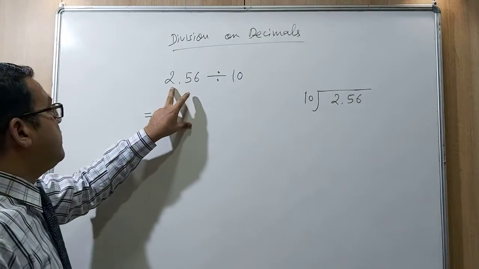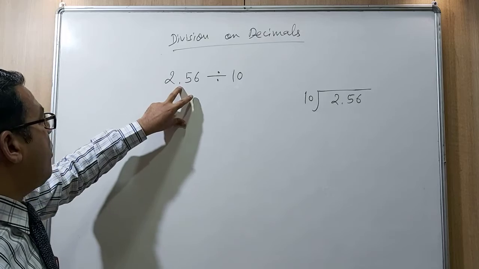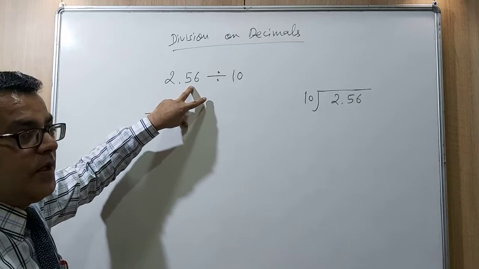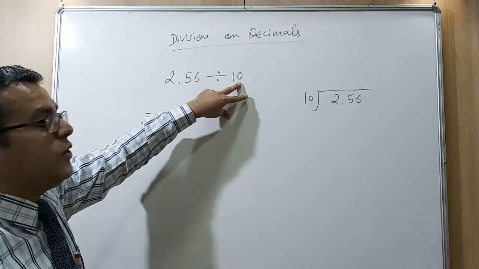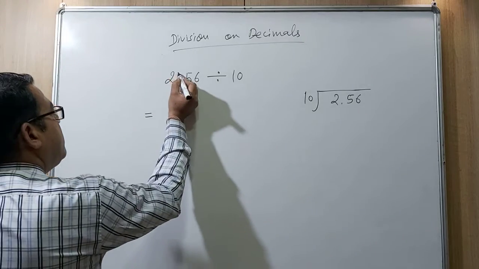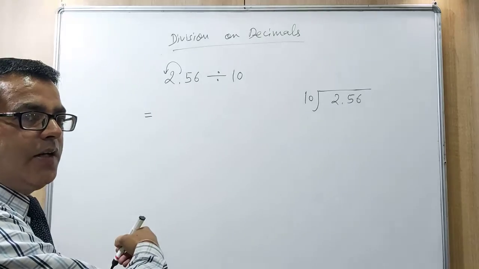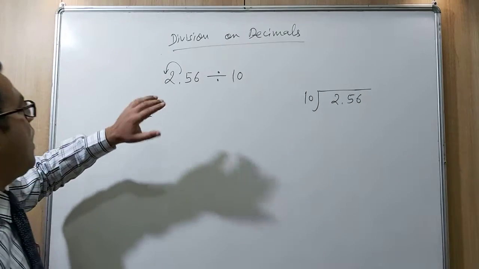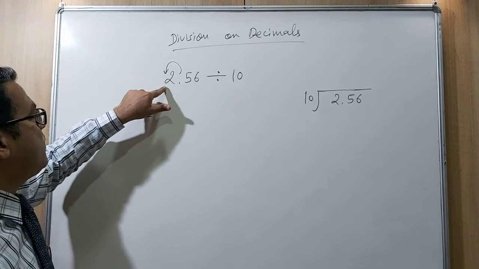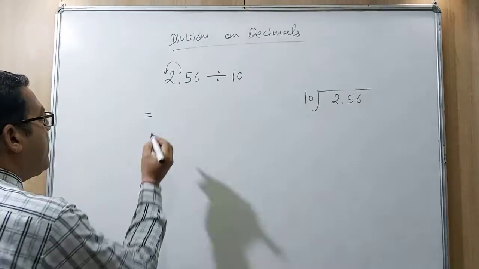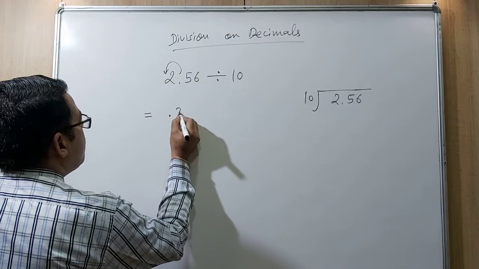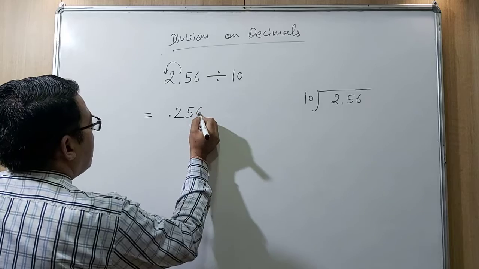So here you can see the decimal point is in between 2 and 5, and we know that 10 is there. It means we need to shift this decimal point one place to the left side, right? So now our decimal point should come just before this 2. So here we can write the decimal point, then 2, and the rest of the digits as it is.